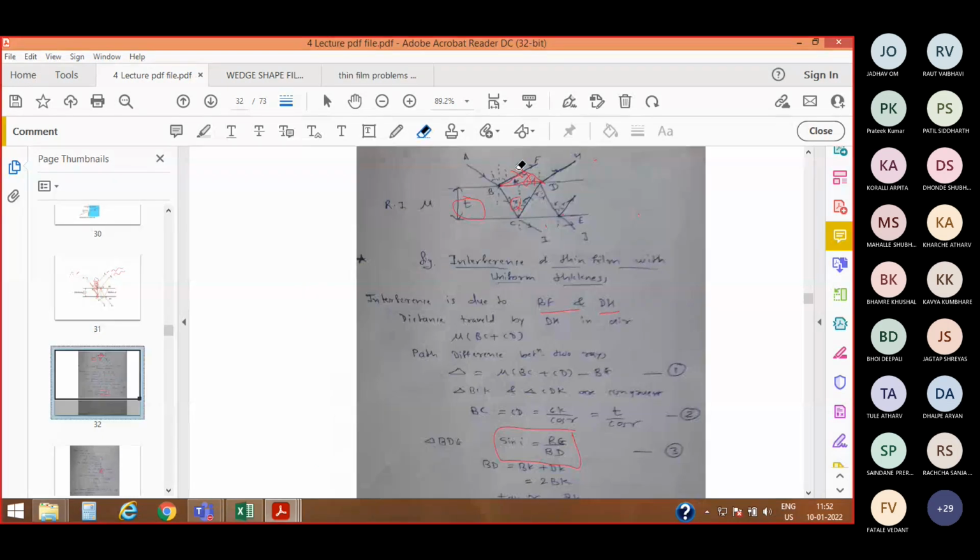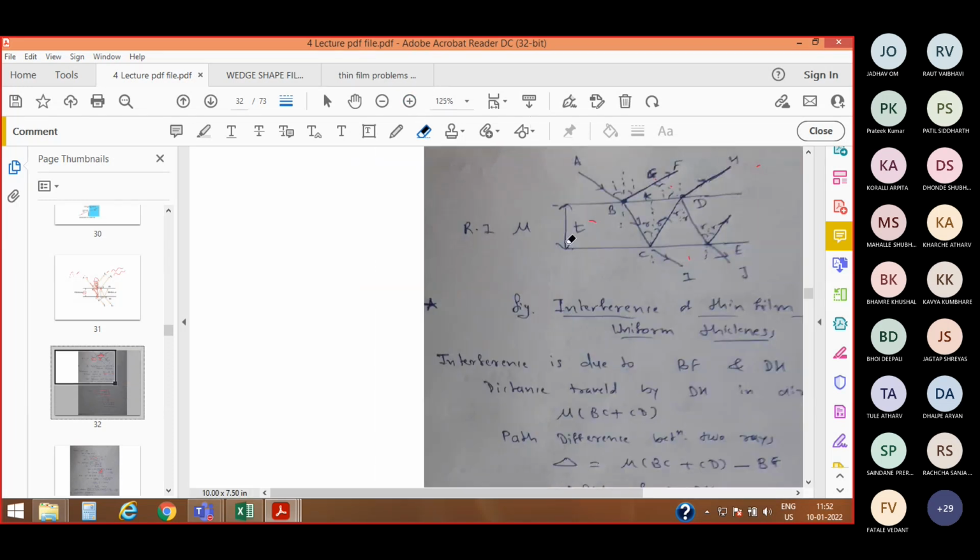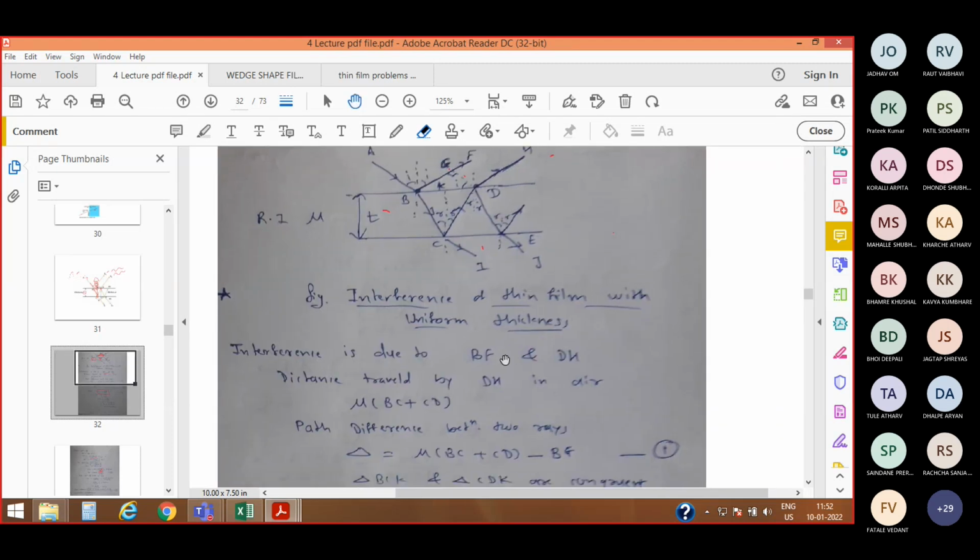In this figure we have this capital G and this is K. So interference of thin film with uniform thickness. Both thin films have uniform thickness. There is no change. So thickness is the same at this point and at every point of this thin film.